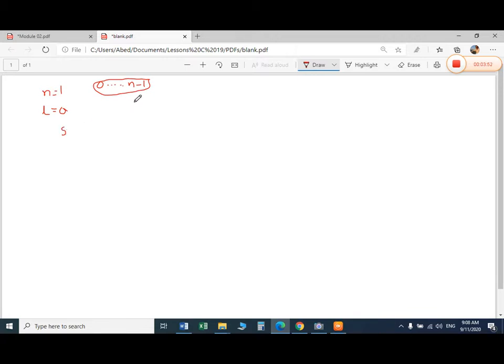If n is equal to 2, then L will be equal to 0 and 1, not 2, because we have to finish 1 before the n. Similarly, if n is equal to 3, then L will be equal to 0, 1, 2, and not 3, because it finishes 1 before.